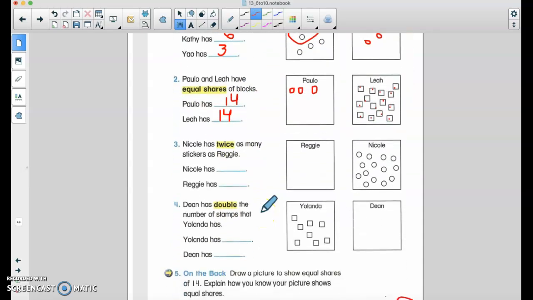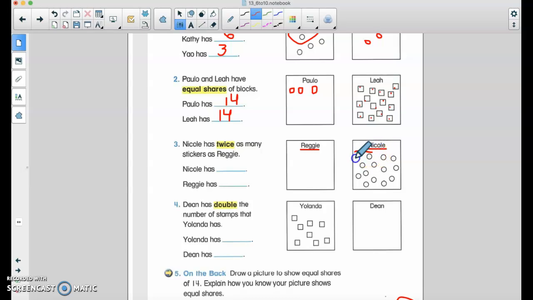All right, follow along with me on this one. Twice as many. Nicole has twice as many stickers as Reggie. So Nicole has twice the amount of numbers. So Reggie has less, unfortunately. And Nicole has twice, so she has double the amount. So what I'm going to do is try to circle it so that I have 2 groups again.